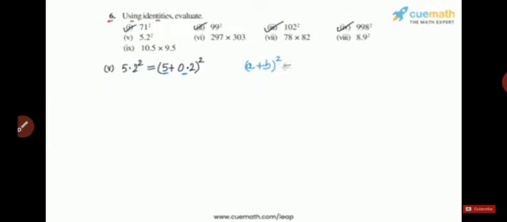When you do it in your notebook, then in every sum you have to write which algebraical identity you applied in that particular sum. Then we write it as 5 square plus 2 into 5 into 0.2 plus 0.2 square.